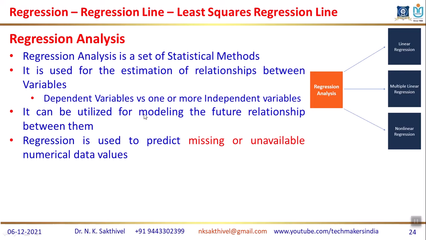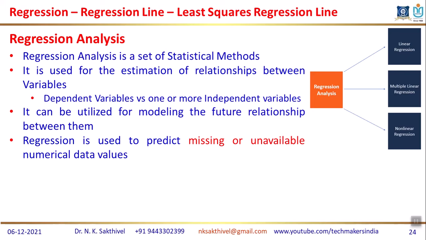The very important purpose is that the regression methodology is used to predict missing values or unavailable numerical data values from the data set. So it is very, very important for research purposes. Regression means that we can correlate two variables, one dependent variable and the second an independent variable. If we change the independent variable, what will happen to the dependent variable?